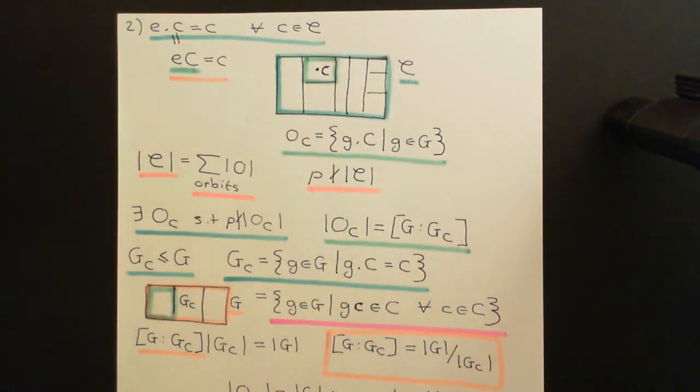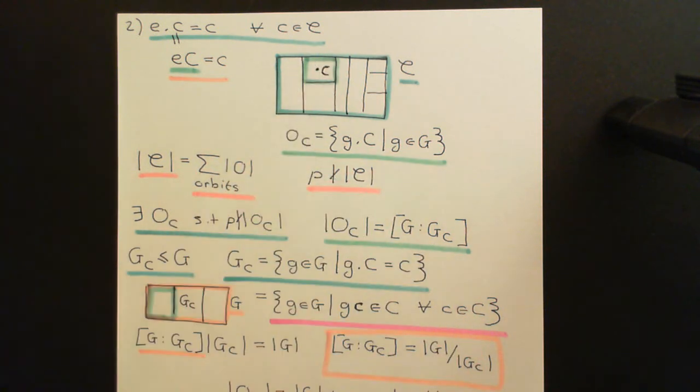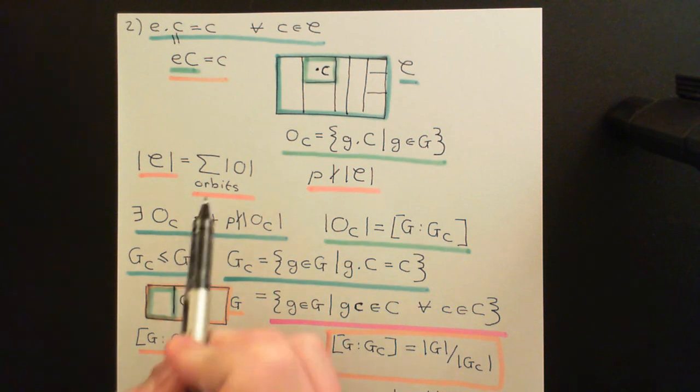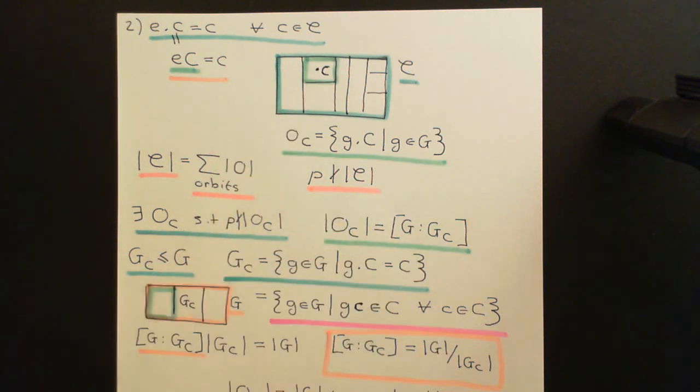Then find one of these orbits which has order that is not a multiple of p, and we've proven that you can always find such an orbit, which cannot have p appearing in its prime factorization.